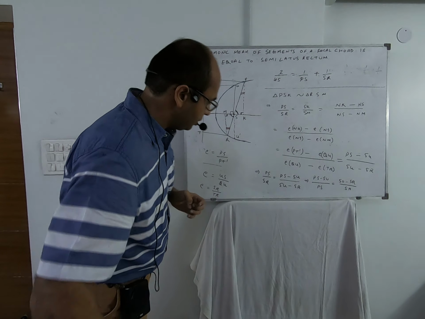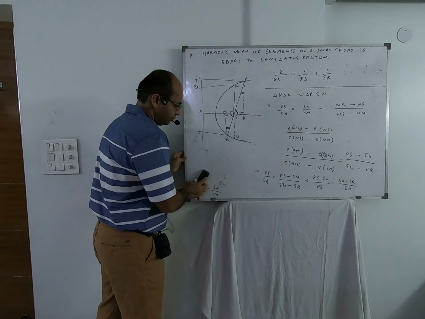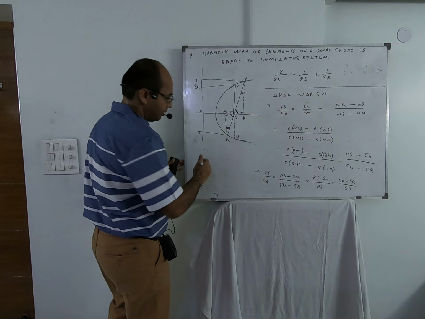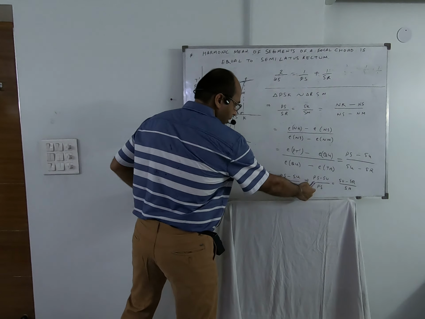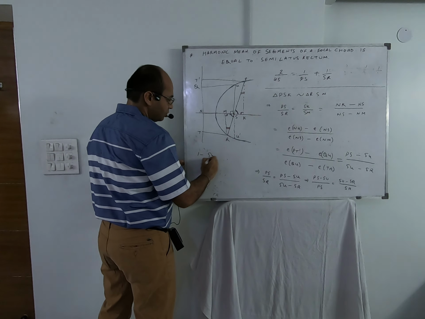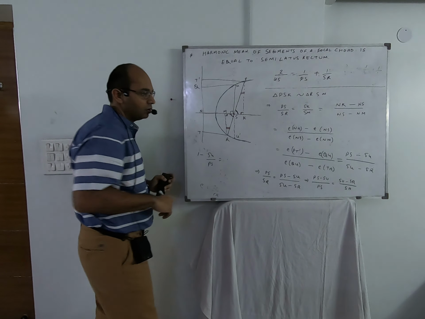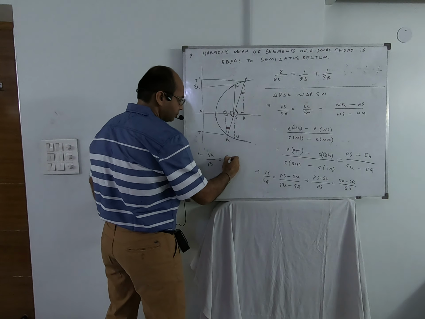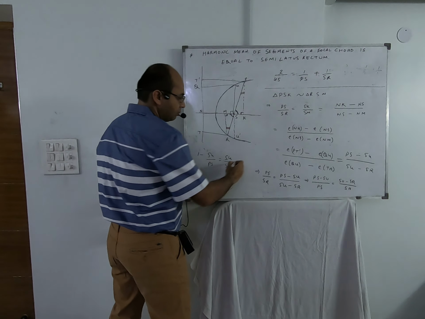If I rearrange it, what will I get? PS by PS is 1, minus SU over PS, is equal to SU over SR minus 1.